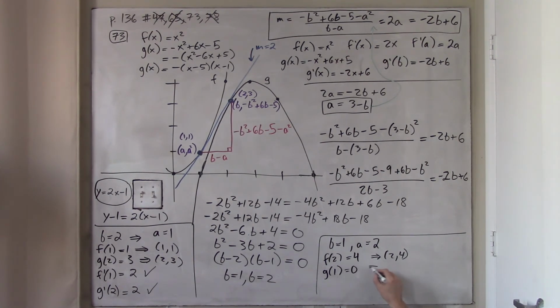So actually, there's this point 1 comma 0, and let's see what else. I can take the derivative of f at 2, and the answer is I get 4. And I can take the derivative of g at 1, and I get also 4.